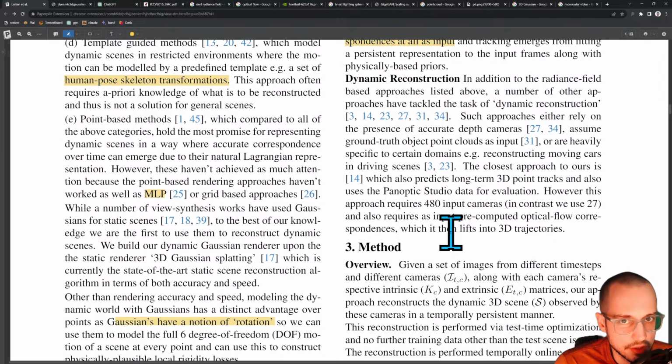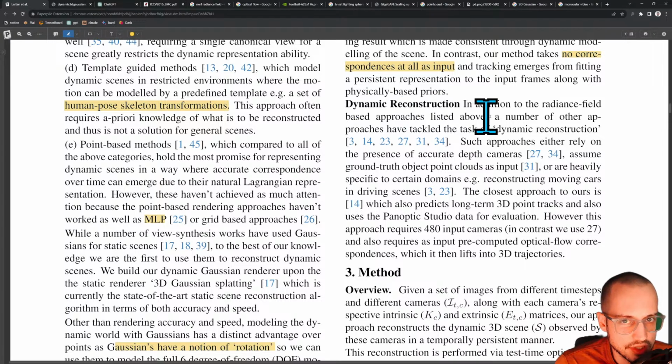Dynamic reconstruction. In addition to the radiance field-based approaches, a number of other approaches have tackled the task of dynamic reconstruction. Such approaches either rely on the presence of accurate depth cameras, and there is no such thing as an accurate depth camera. I'll tell you that right now, as someone who's dealt with this in the real world. All of them suck. The laser ones suck. The structured light ones suck. Any kind of ultrasound sucks.